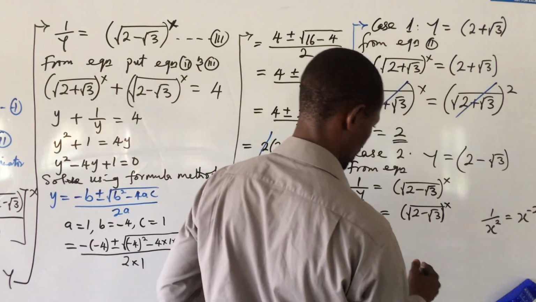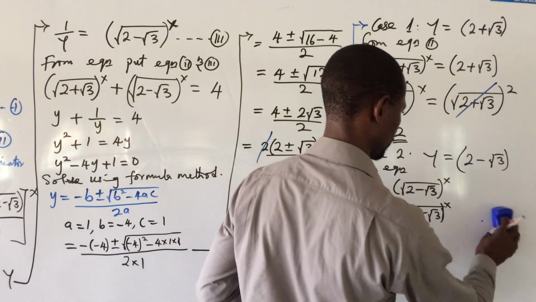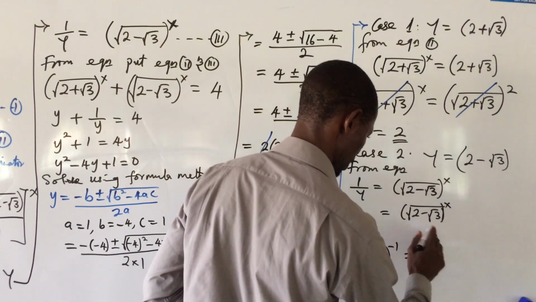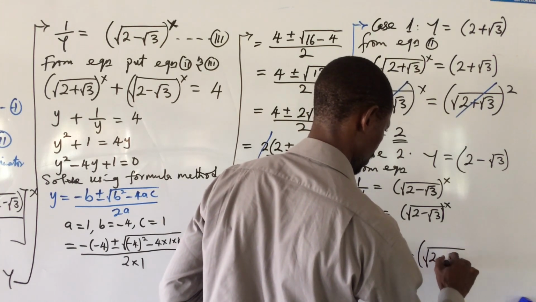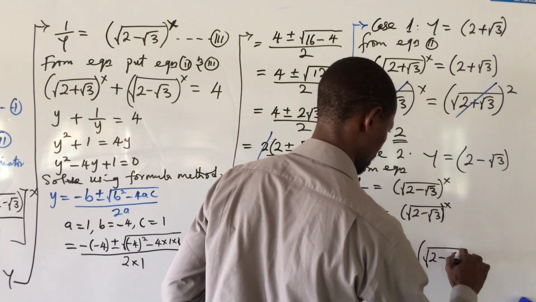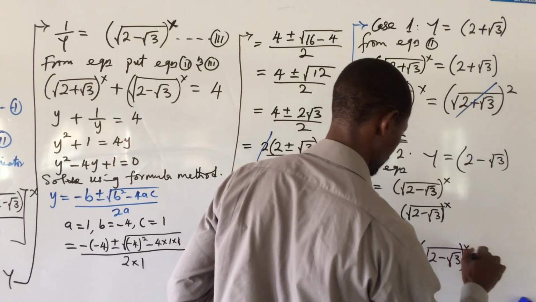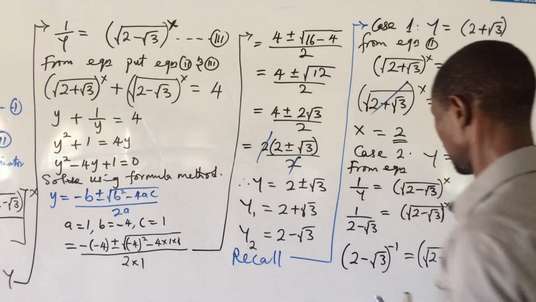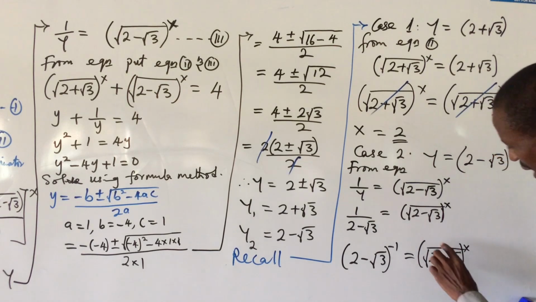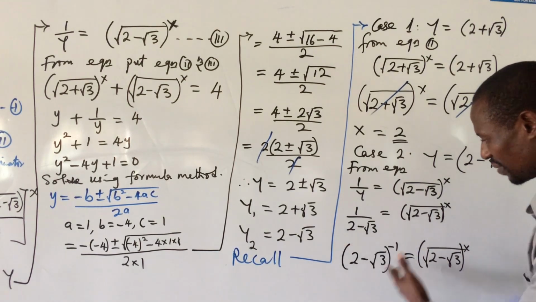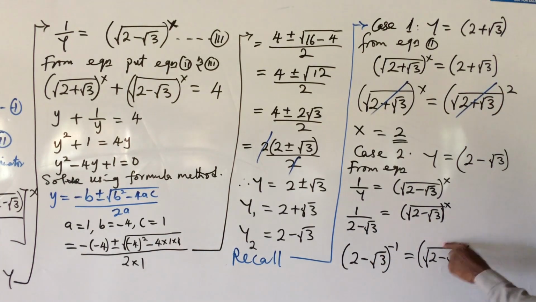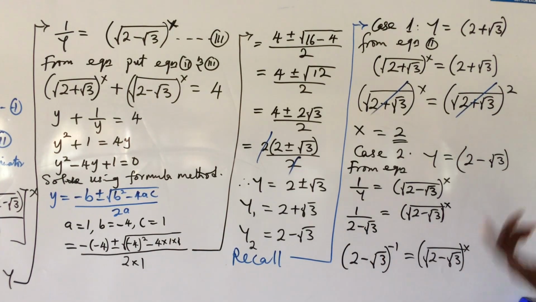So if we have this, this is equal to whatever we have on the left hand side here, 2 minus root 3, close bracket, all to the power of x. The only challenge we have here now is that here we have a square root, we don't have a square root here. What if I decide to introduce a square root and a square to this other side again?